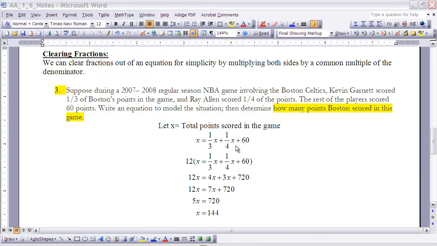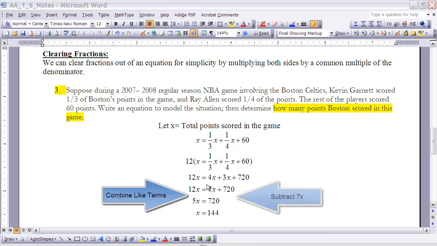Well, sometimes it's just not fun to deal with those fractions, so we're going to get rid of those fractions. And if I look at 3 and 4, they have a common multiple of 12, so I'm going to multiply through the whole equation, both sides, by 12. If I do that, I get 12x is equal to 4x plus 3x plus 720. Now I'm going to do the solving by combining like terms first.